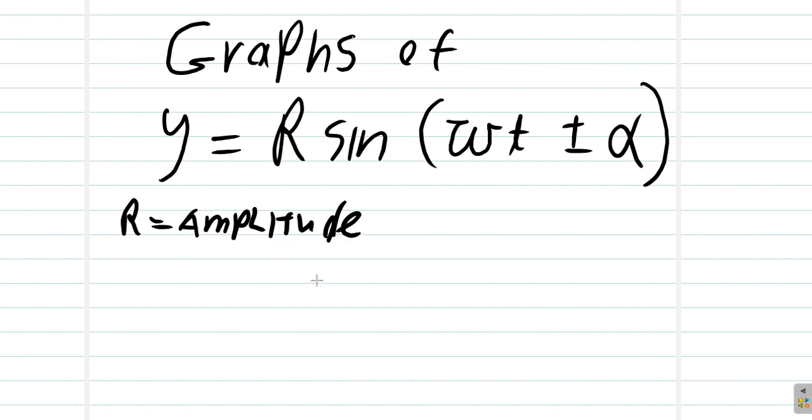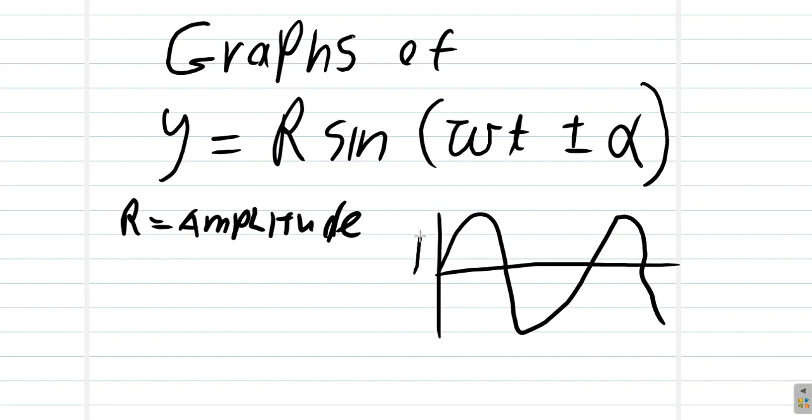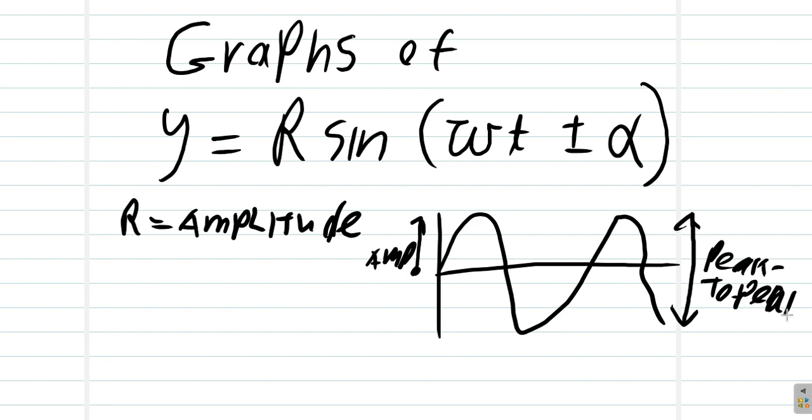And just as a quick reminder, going up from 0 is the amplitude, or down. Remember, going from positive maximum to negative maximum is the peak to peak amplitude. Remember that.